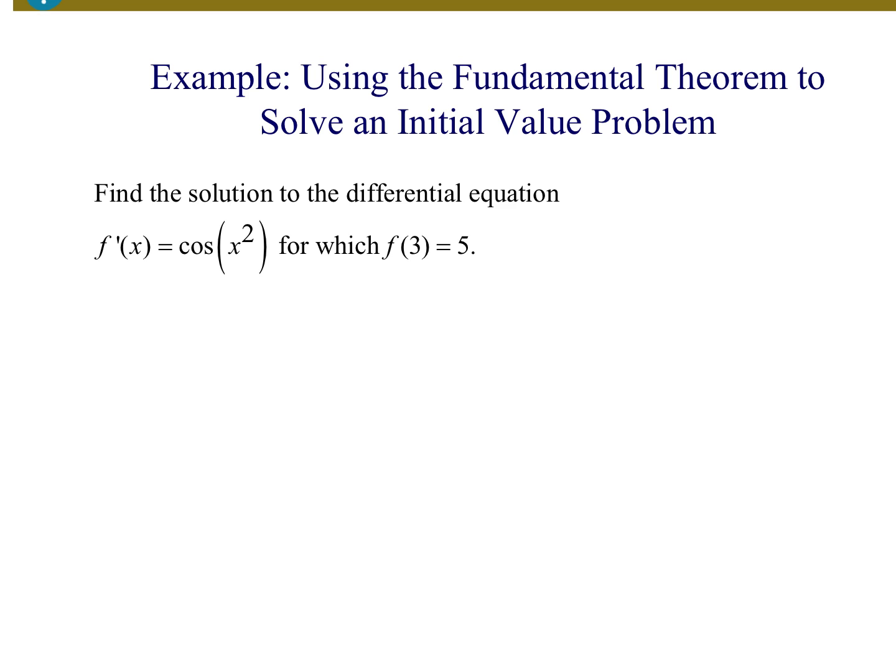All right, here's another one. Find the solution to the differential equation f of x equals cos x squared, for which f of 3 equals 5. All right. So f of x is going to be the antiderivative.